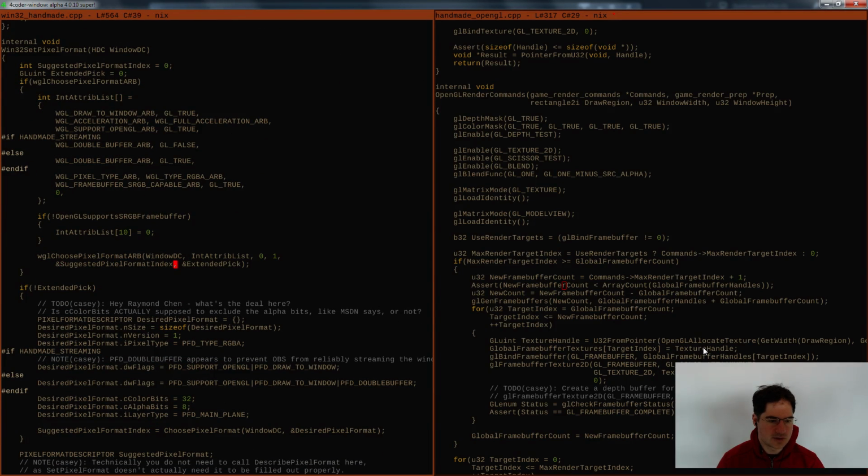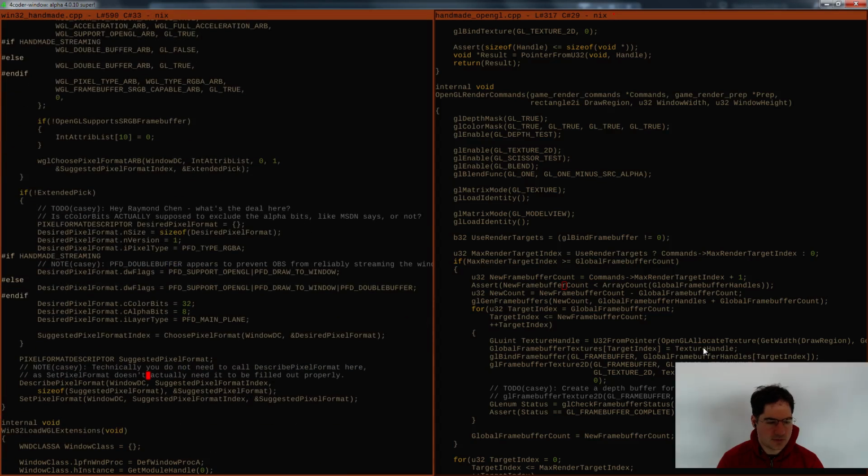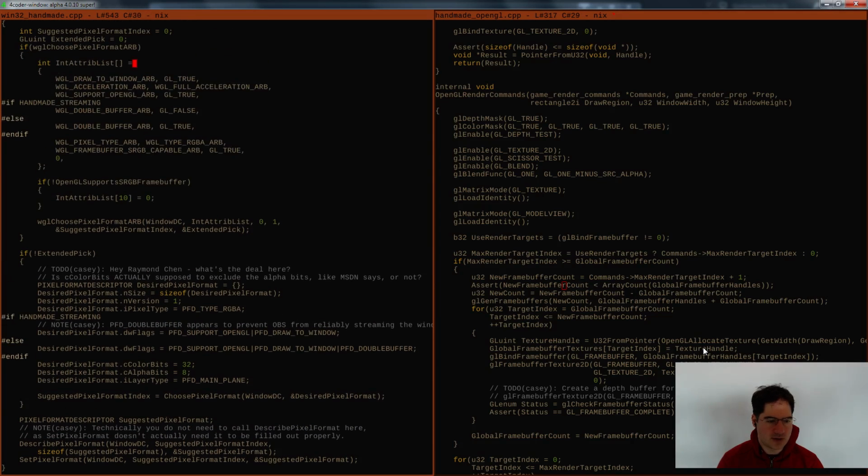Where we go like suggested pixel format, intended pick, and we've got double buffer and support OpenGL ARB and all this sort of stuff in here, pixel type, RGBA ARB, and that sort of thing, right? And what you can see here is, for example, in both of our things, we are nowhere specifying whether we wanted a depth buffer or not, right?